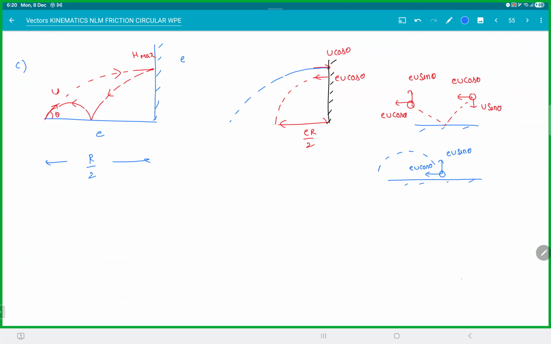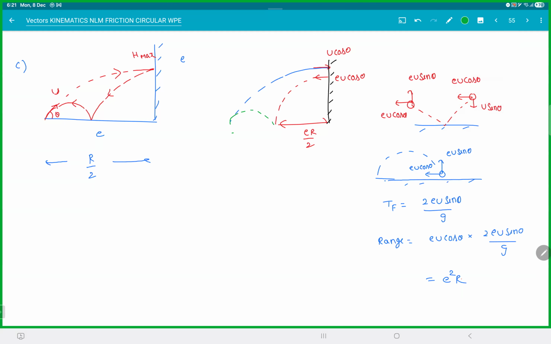This is going and landing on the ground. So time of flight will be 2 times eu sine theta by g. Range will be eu cos theta times 2eu sine theta by g. This will be e square R. That means after hitting the ground here, this will land here.